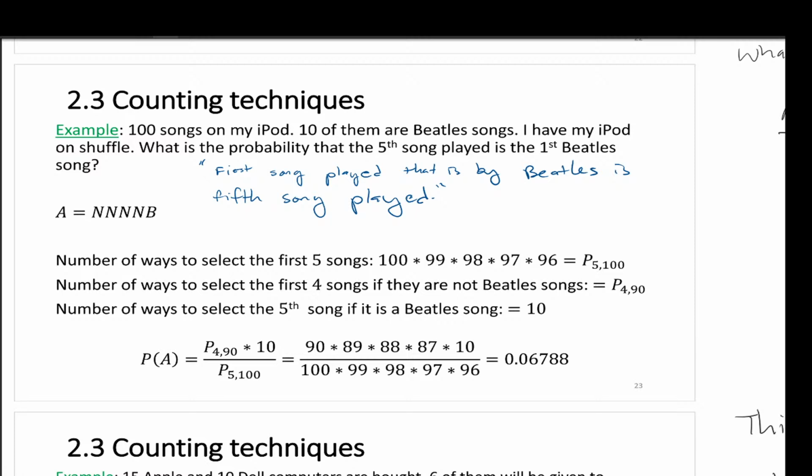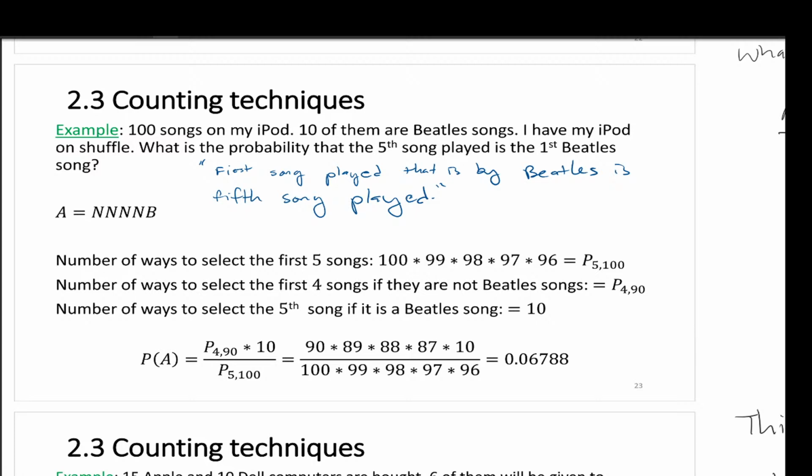And then the number of ways to select the 5th song, which is going to be a Beatles song, is 10, because there are 10 Beatles songs on my iPod. So in the numerator, the number of outcomes in my specific playlist is 10 times 90 permute 4. And the total number of outcomes in my playlist would be 100 permute 5.